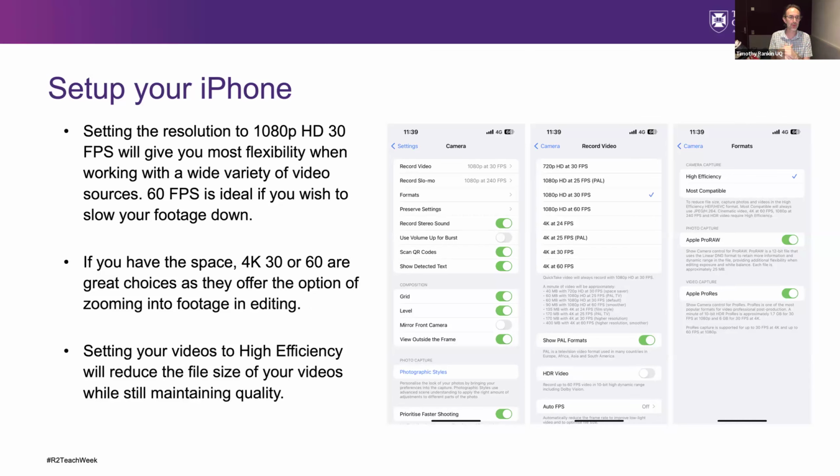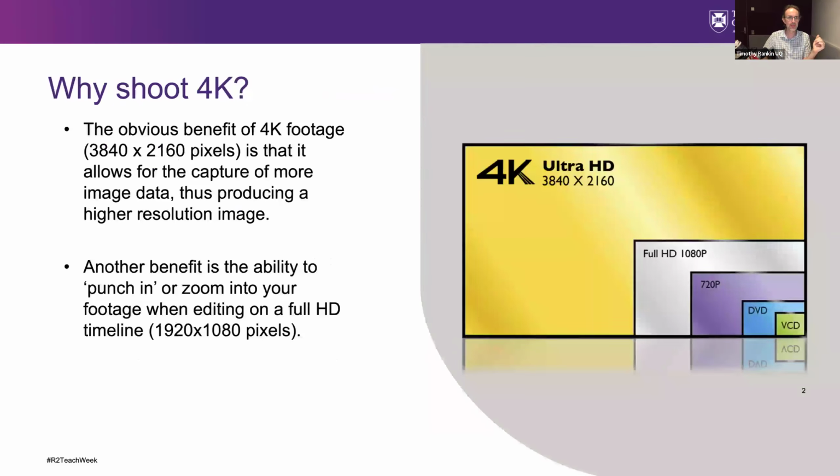If you're unfamiliar with what 4K is, I've got a bit of a demo here. 4K video is described as around about 4,000 pixels wide. So it's essentially 4 times the resolution of what people consider to be full HD. So if your device has the ability and you have the space, try and film at that 4K size.